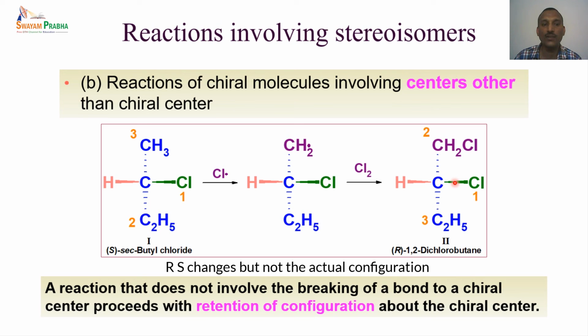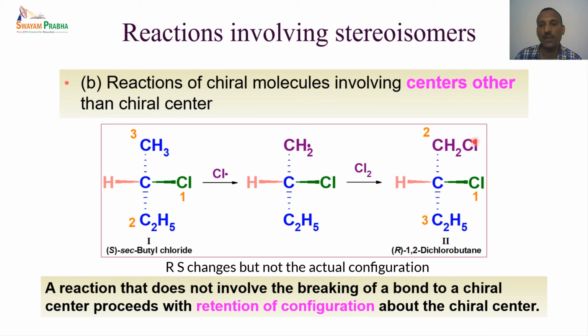So what we say in this particular case, even though S and R changed, we should not say there is a change in configuration. We have to say in this particular case it is a retention of configuration because there is no bond that is broken at the carbon center, which is the chiral center in this particular case.